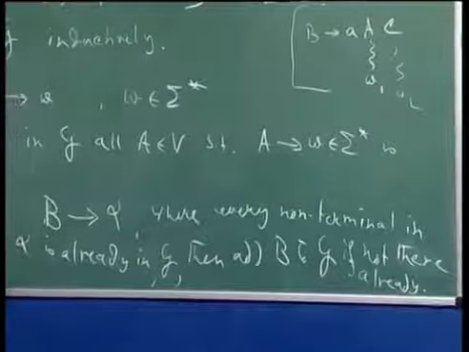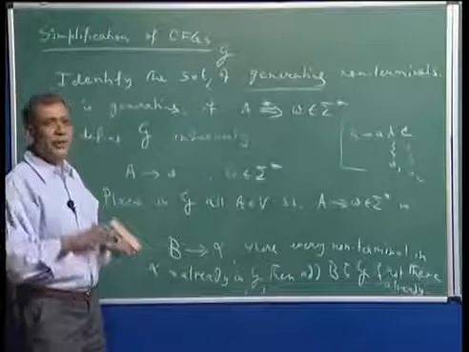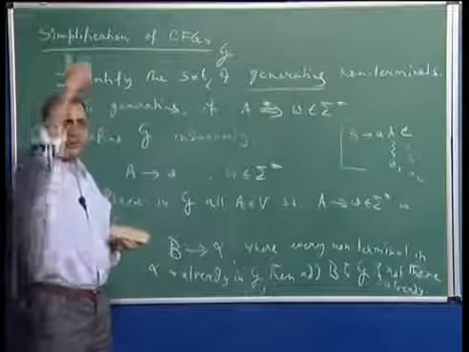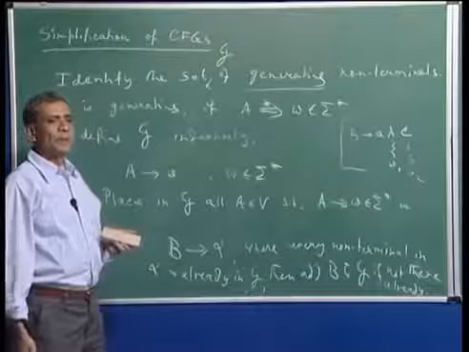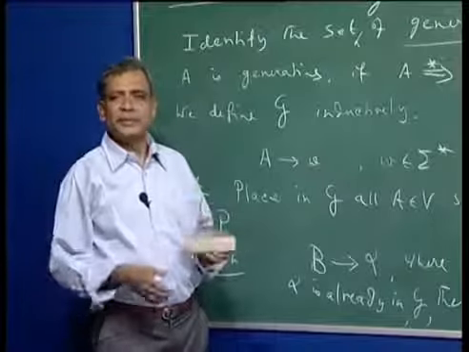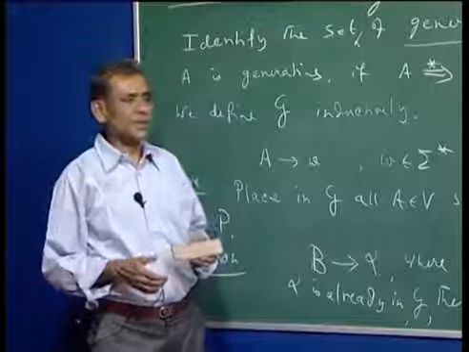The G will keep growing. At some point you will find G is growing no further, even when you look at all the productions, and that is the time, that is the final set of generating non-terminals.